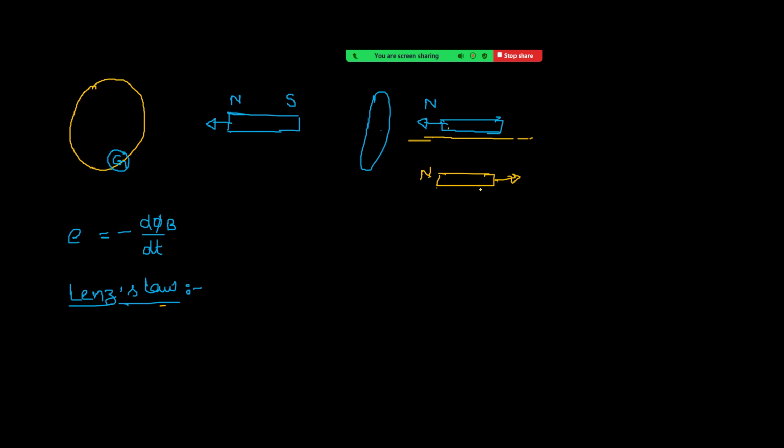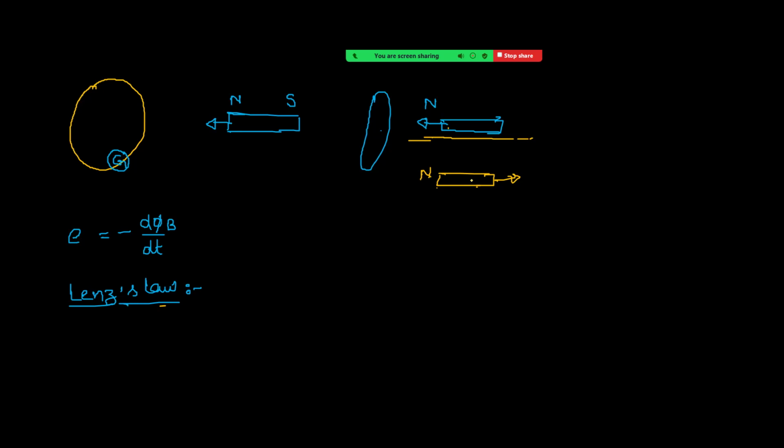Okay. Now see the second example. Here, the cause of the production of induced EMF or induced current is the motion of the magnet away from the coil. Right. And according to Lenz's law, the direction of induced current is in such a way that it opposes the cause of its production.